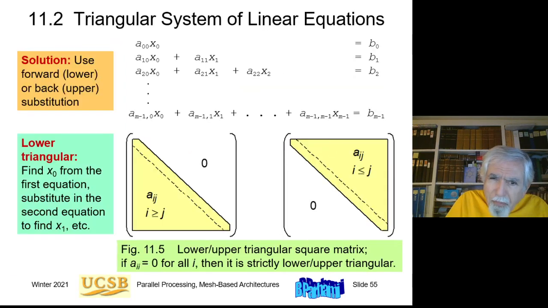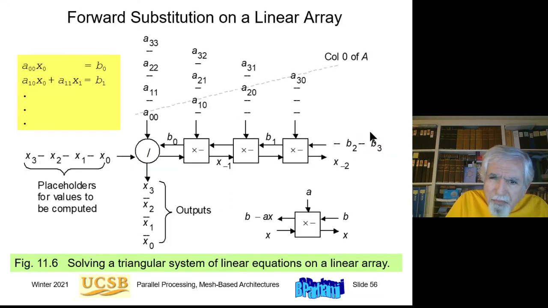These right-hand sides, the b values enter from the right, the coefficient matrix, which is lower triangular, from above, and these placeholders for x's from the left. So we first compute x0 as b0 divided by a00. So this cell performs a division.